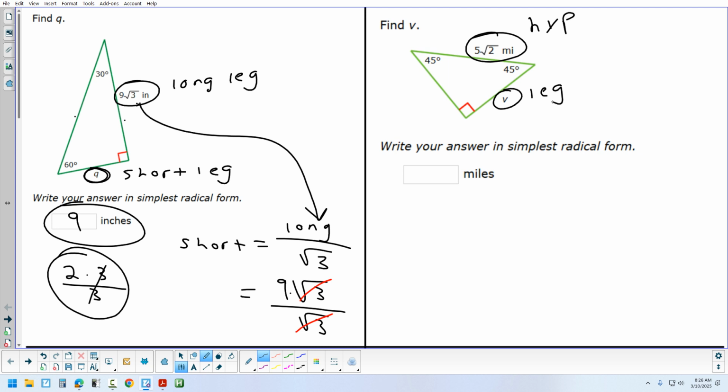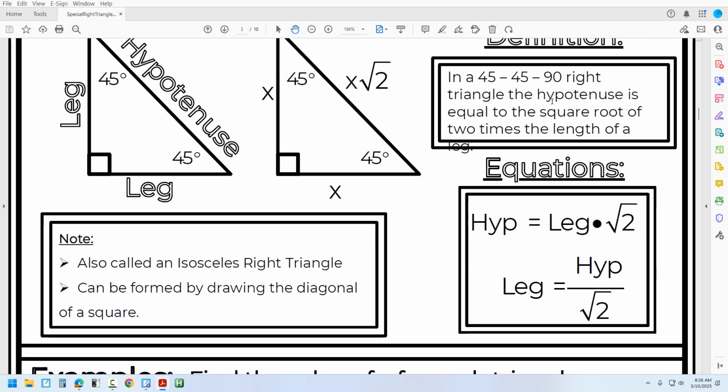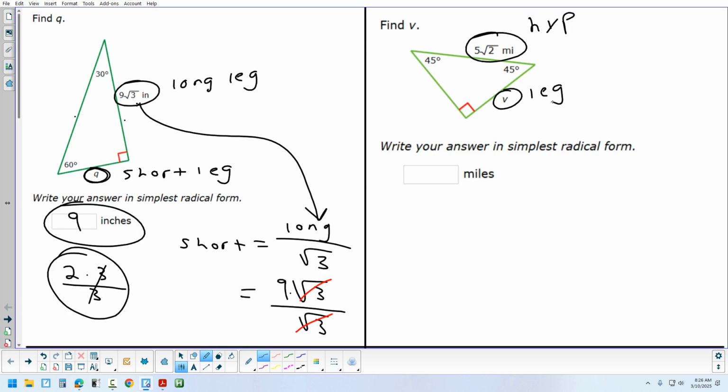So let's look up the formula and see if there's a formula to calculate the leg when you know the hypotenuse. Yes, there is. The leg is the hypotenuse divided by the square root of 2. So the leg is the hypotenuse divided by the square root of 2.